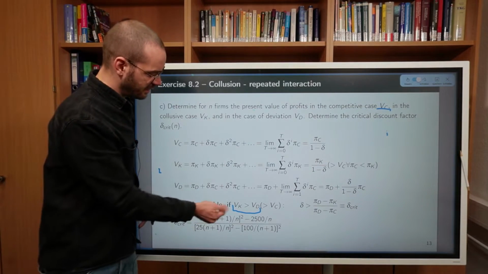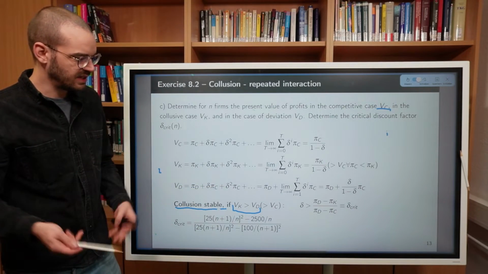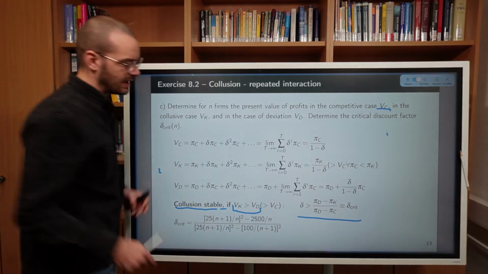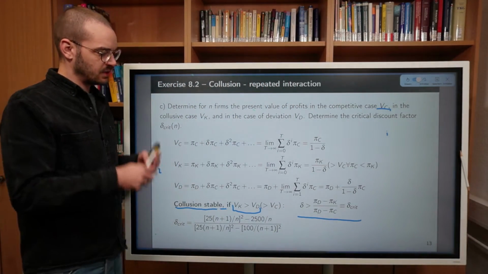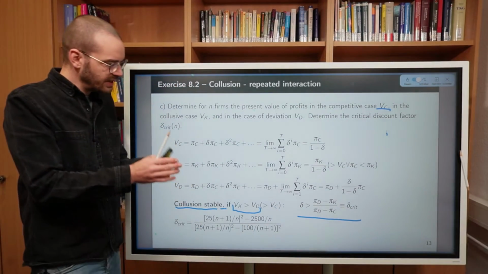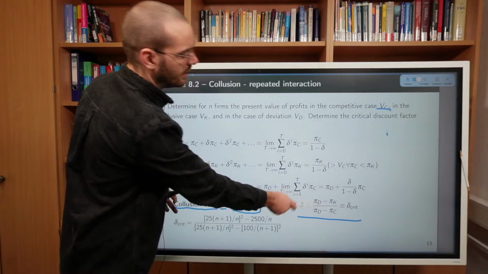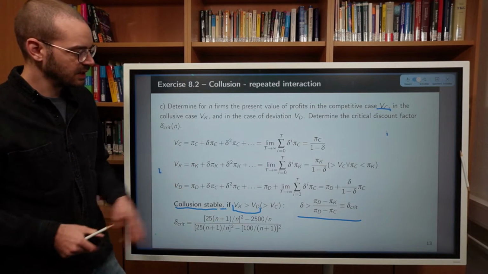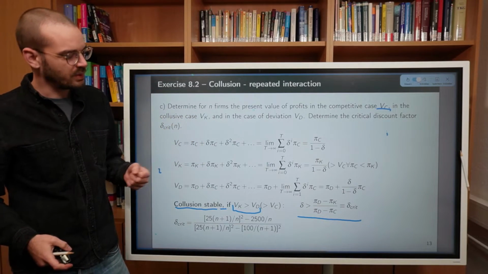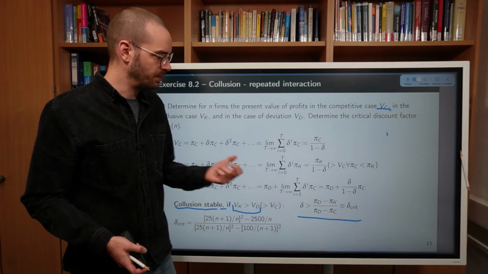Now, if we plug in Vk, which we have stated above, and Vd, which we have stated above, and rearrange these expressions, we can find out that collusion is stable if this inequality holds. So if delta is bigger than this fraction of profits, where we have pi d, profits under deviation, minus pi k, profits under collusion, divided by pi d minus pi c, profits under competition.